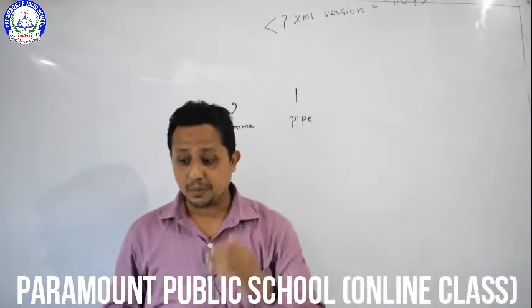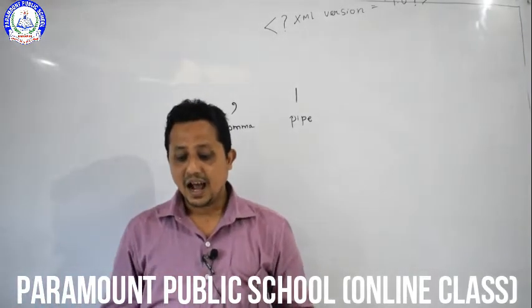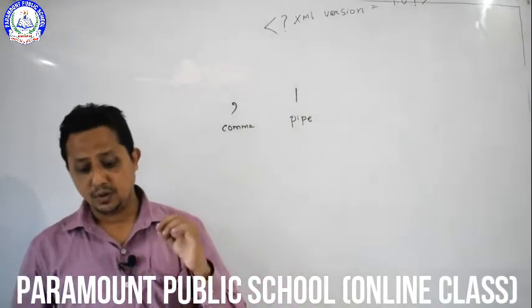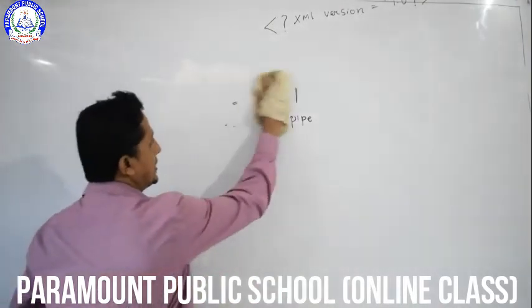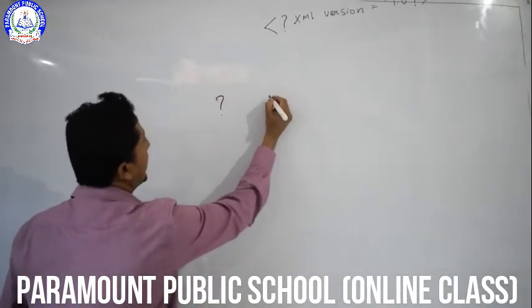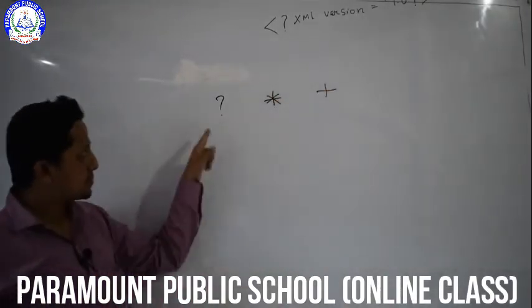And there are also some symbols associated that decide how many times a child element can appear. Basically there are three symbols used: question mark, asterisk and plus.